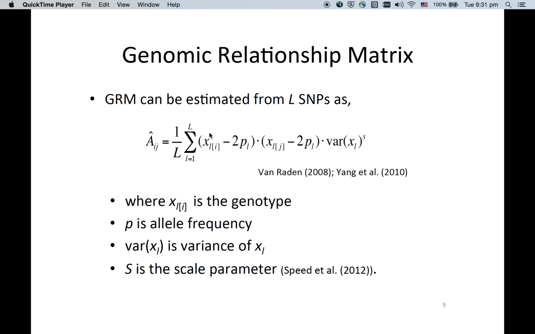Their SNP genotype coefficient is centered, then scaled by the variance of SNP genotypes. Also, this S is a scale parameter. I'm not going into too much detail, but if you are interested, please have a look at these three papers. It would be great if you would like to discuss this with me, so please contact me anytime. I'm really happy to discuss it.